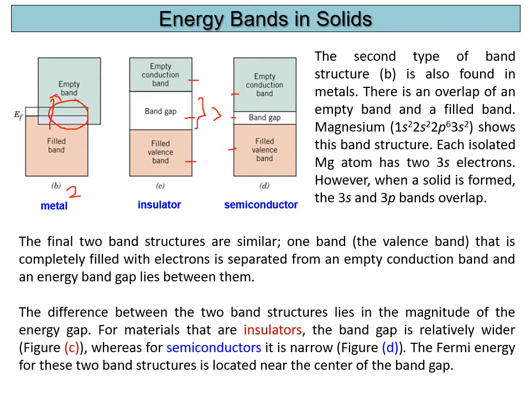For insulators, the band gap is relatively wide, whereas for semiconductors it is narrow, as shown in figure D. The Fermi energy for these two band structures is located near the center of the band gap. This is the EF. So we can see here EF for the semiconductor is lower than the insulator.